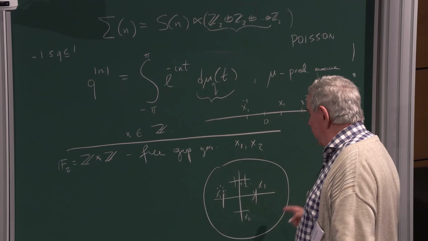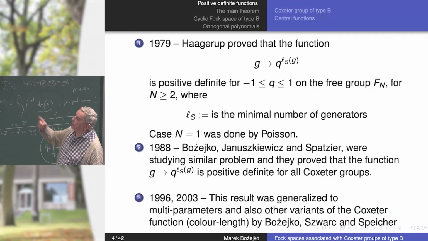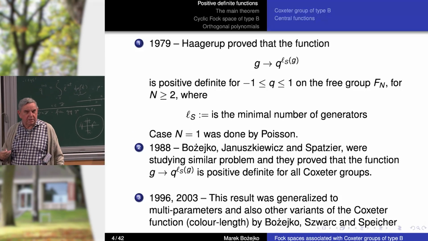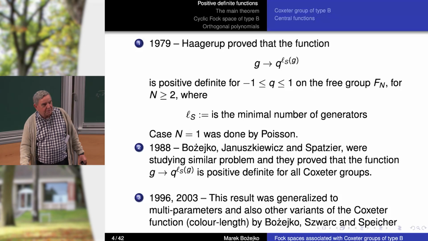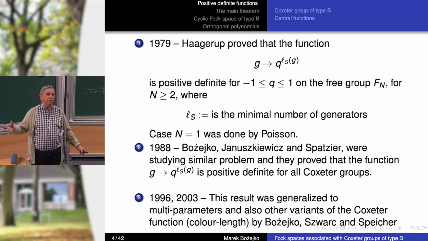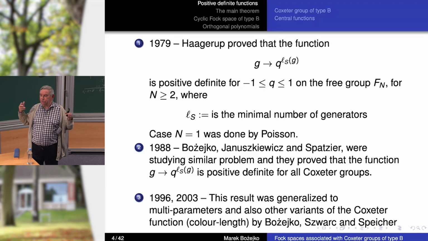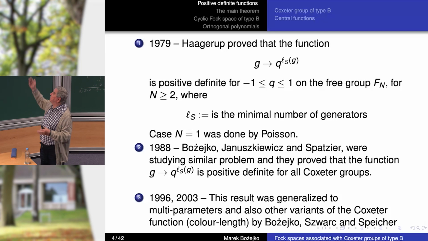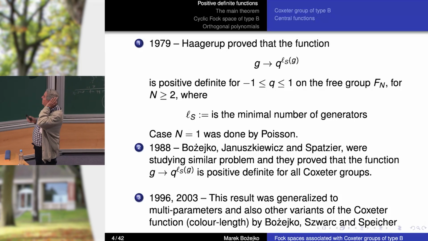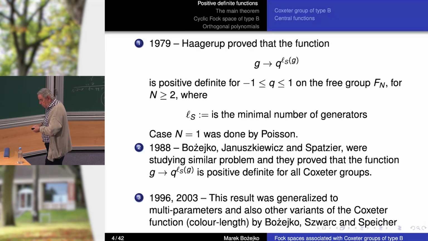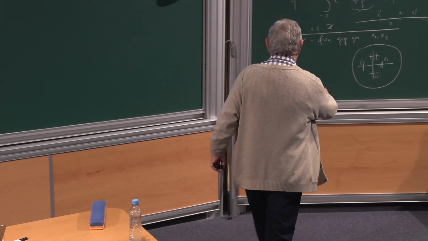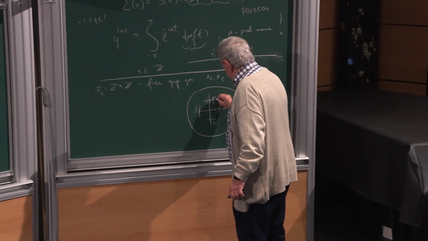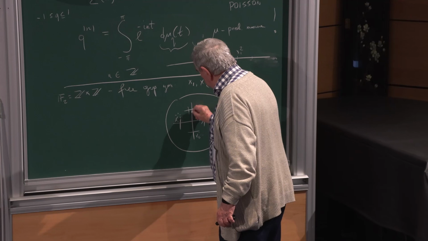This is a very nice tree, and Uwe Haagerup first obtained a positive result here, because maybe if you are a mathematician, you know the free group was usually used for counterexamples. But in 79 he proved a positive result that such a function, q to the length, where the length function on the tree, on that group, is just the path length. So if you take an element, you should count 1, 2, 3 down to 0.